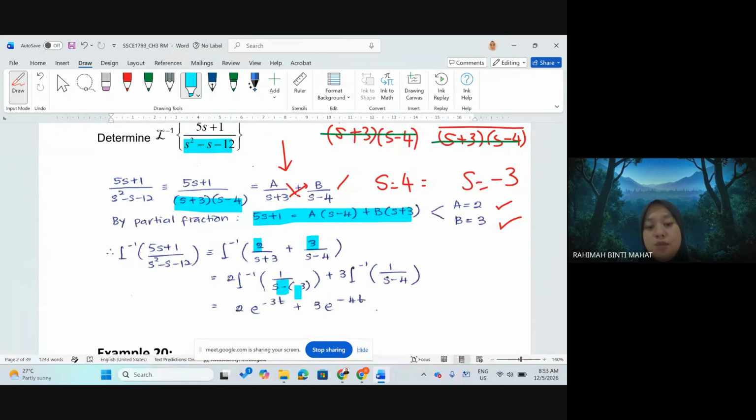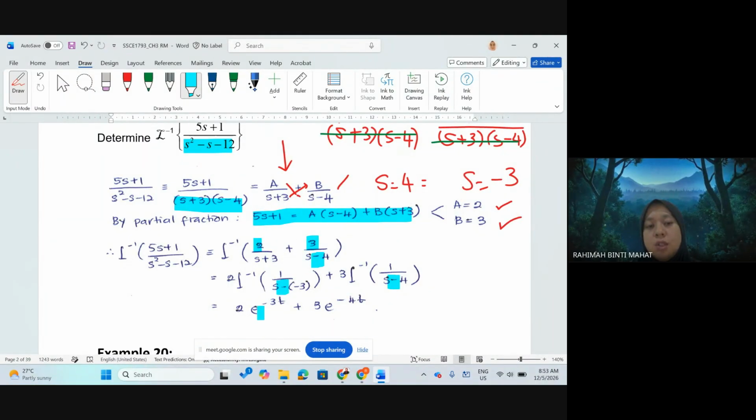You need to modify the equation. And this one is negative, right? So you can just take the Laplace inverse. So from this one, you will get 2 exponent -3t plus 3 exponent -4t.